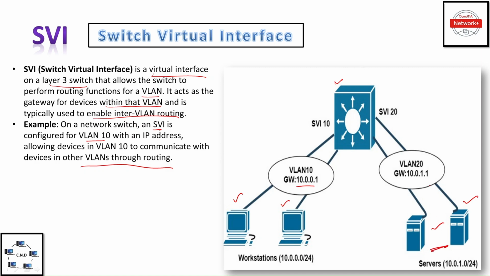These servers are in a different VLAN, VLAN 20, and they have their own SVI of 10.0.1.1. This way, these workstations can communicate with these servers, although they are in different VLANs, through their respective SVIs. And this is known as inter-VLAN routing.